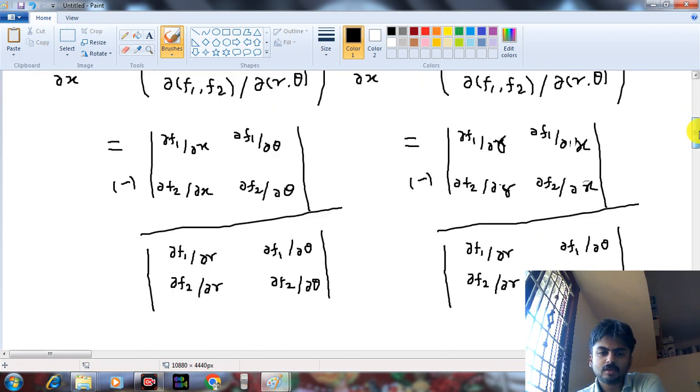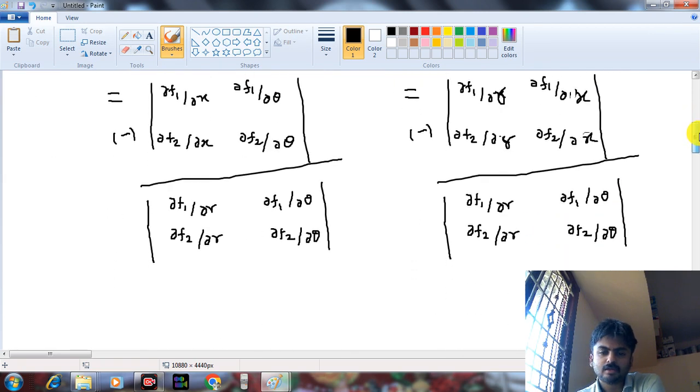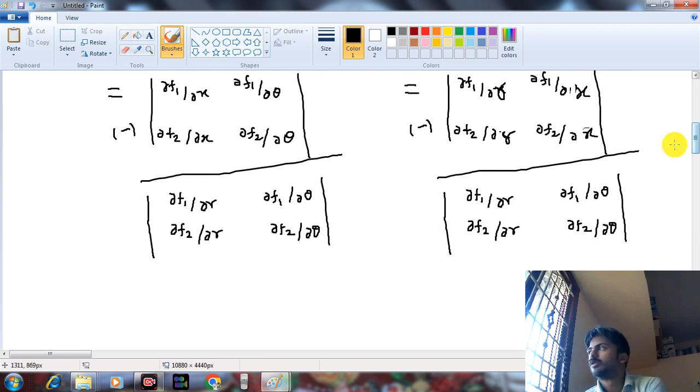Now we have to find all the values. So how to find the values? The values will be minus of the determinant of.